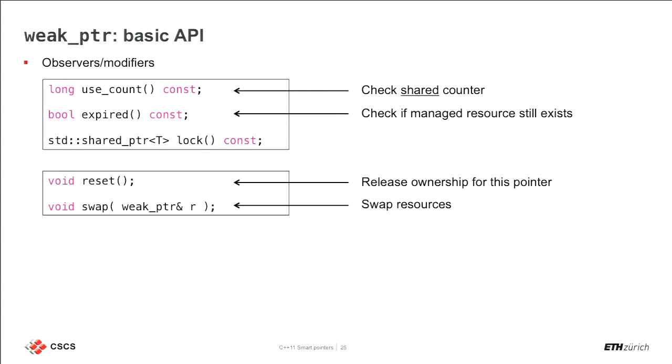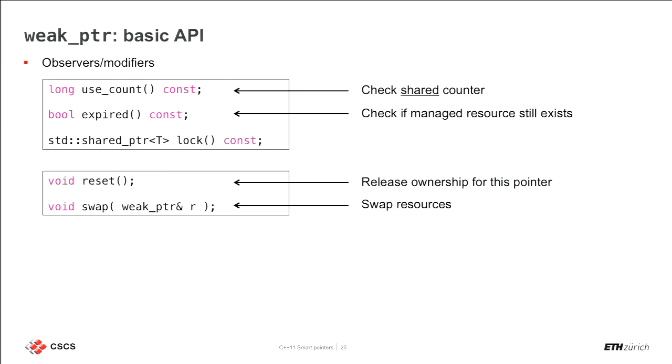Moving instead to the observers and modifiers, the other methods of the interface of the weak pointer, we have something similar to the shared pointer, which is the useCount method that gives you back the number of shared pointers which are pointing to the same memory resource, so not the number of weak pointers, but the number of shared pointers to the same resource.